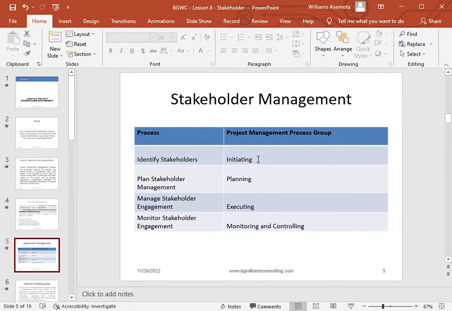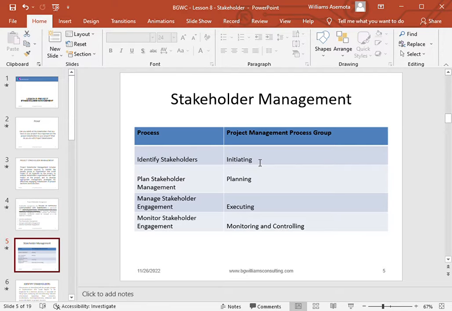This process of identifying your stakeholders is done at the initiation stage of the project, which means at the early stage, where we are still discussing all the documentation. This is what the project is, the project charter, they are still telling you about the scope of work. No document has been signed yet.